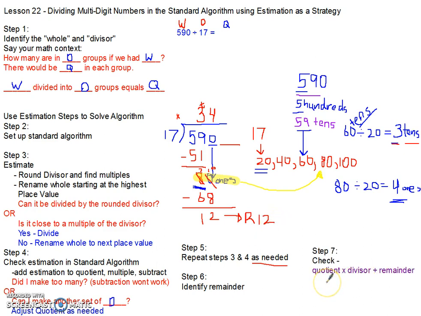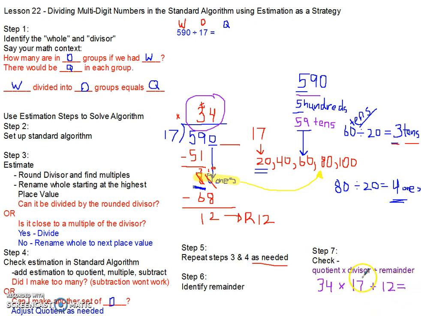So finally, we need to check our answer, and that is quotient times divisor plus the remainder. So our quotient here is 34. We multiply that by the divisor, which is 17. And then we add our remainder of 12. So this would be the equation to check our answer.